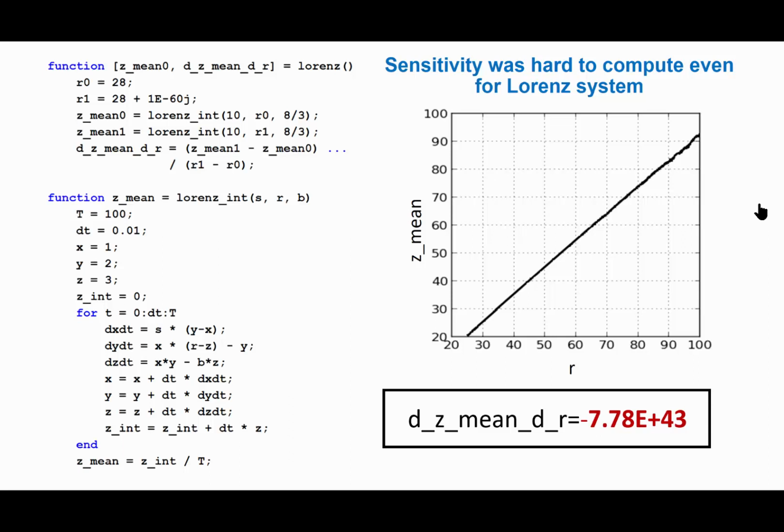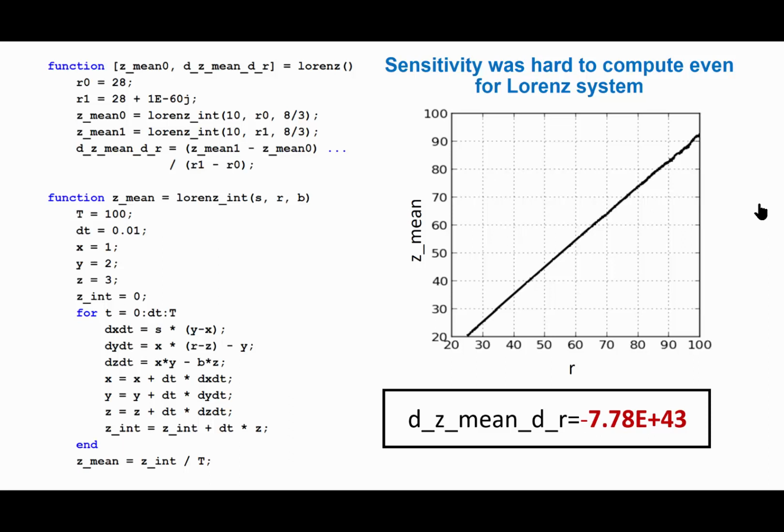The problem here is something you can really verify yourself if you plot this and zoom in. This line, when you zoom out, looks smooth. But when you plot it with a very fine grid of R, you find when you zoom in, it's very jagged. And the further you zoom in, the more jagged it is.